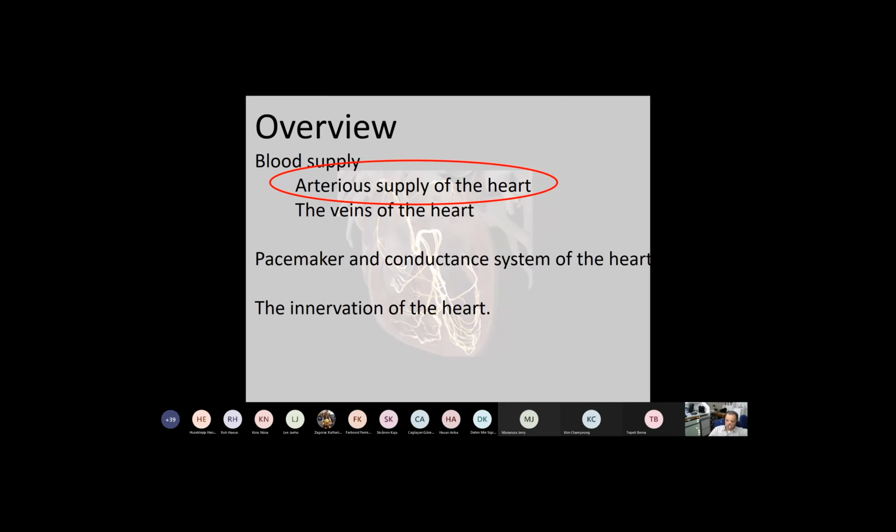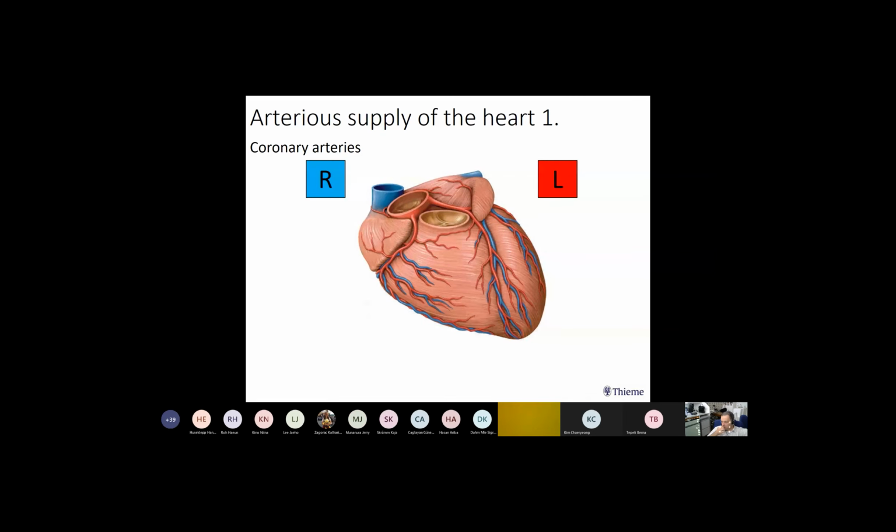Again, the arteries first. If I go back to last week for a moment when we discussed the surfaces of the heart, multiple times I mentioned that we have the coronary sulcus, and in this coronary sulcus we have the coronary arteries.